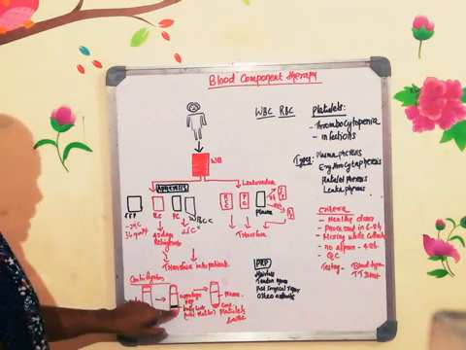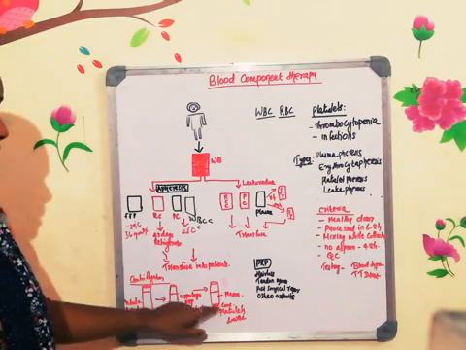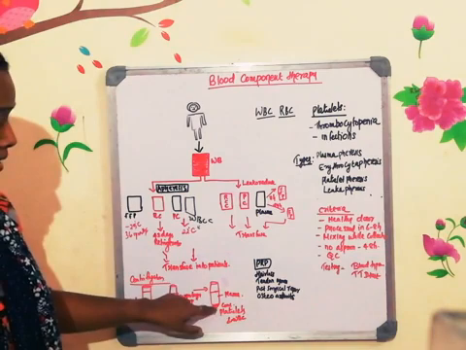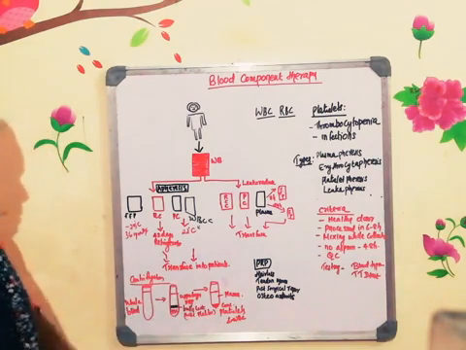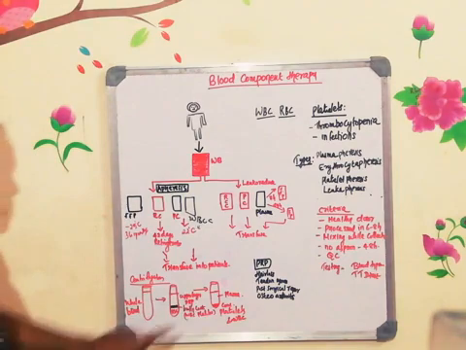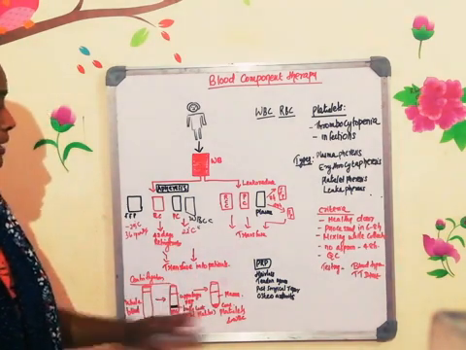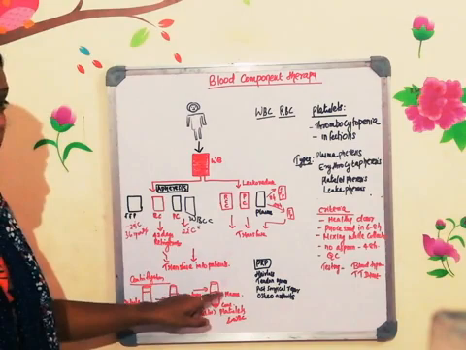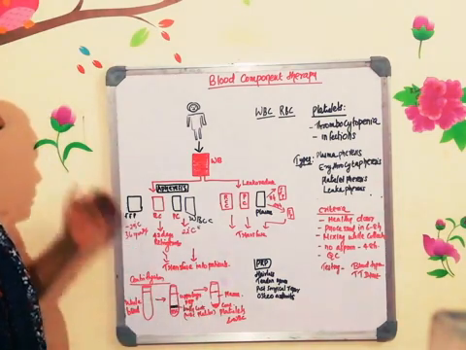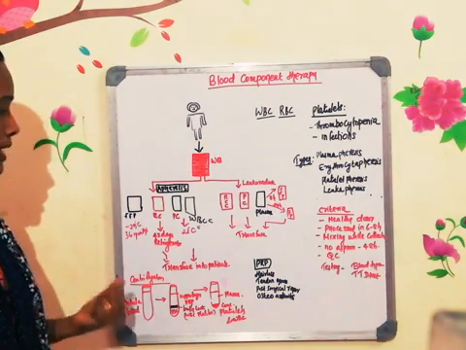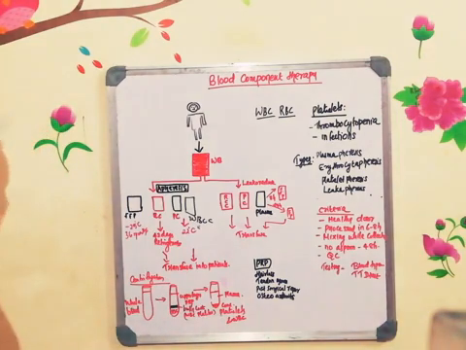So the buffy coat has platelets and WBC, and in the third tube, the pellet will have the platelets and WBC that can be used for treating various diseases. The plasma which is here will be stored directly. If you are using it fresh, it is called FP, or fresh plasma. If it is stored at a frozen temperature, it is called fresh frozen plasma.